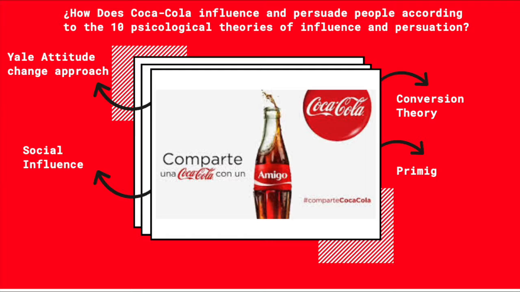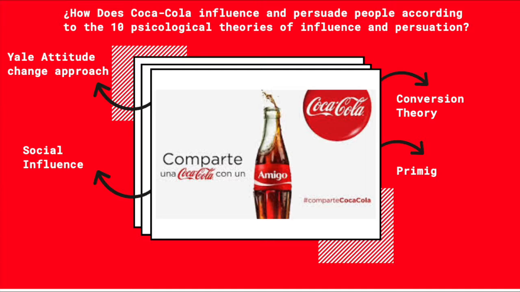The third theory used by Coca-Cola is the conversion theory. It's important to remember that the conversion theory explains that if you use an effective speech, you can increase the possibilities of influencing others. In this example, being a very popular brand around the world means that every marketing campaign they use is going to have a very big impact.